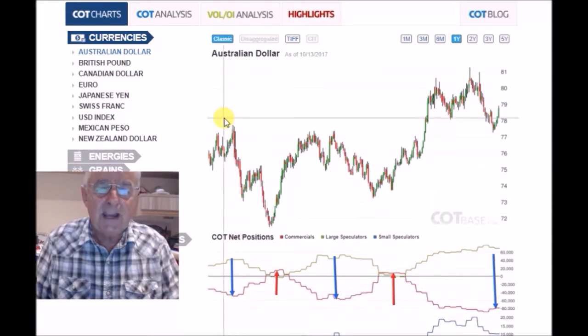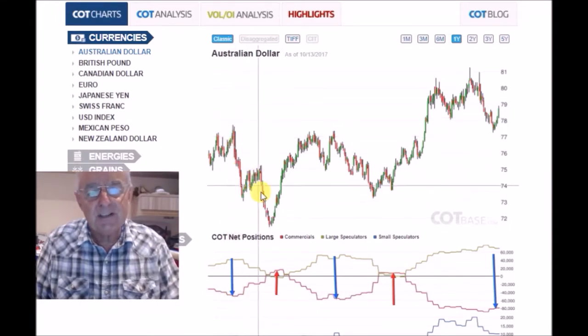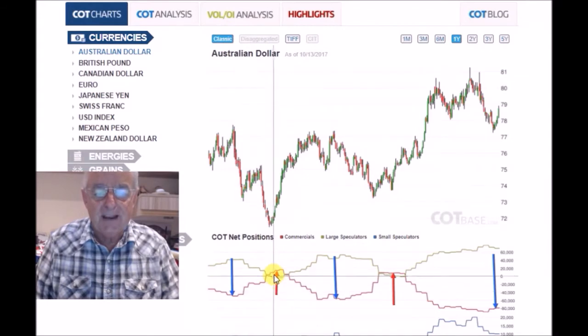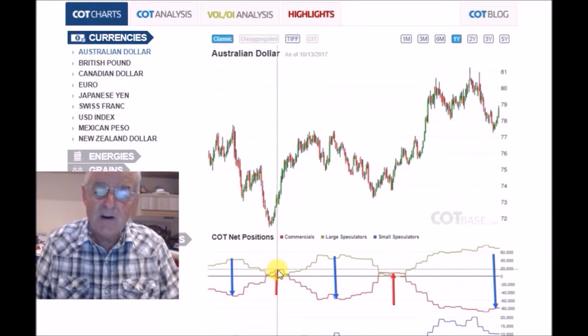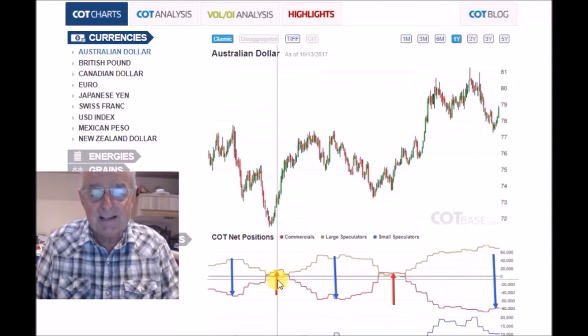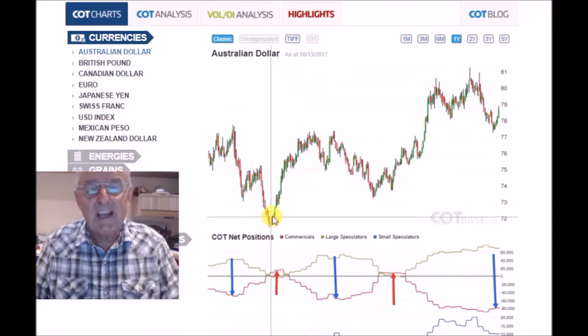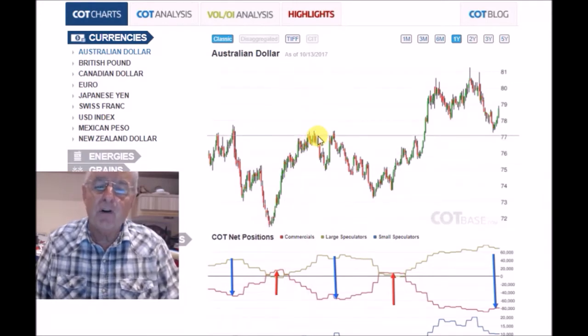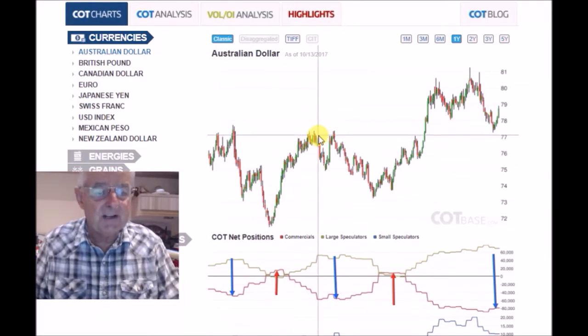You can see we had a big drop off in the price of the Australian dollar. Conversely, when we were at a high and very bullish for the commercials, and fairly bearish for the non-commercials, we actually had a rise in the price of the Australian dollar.